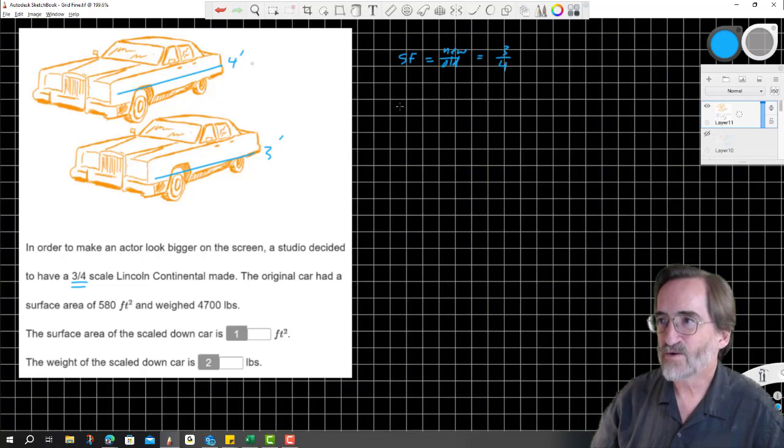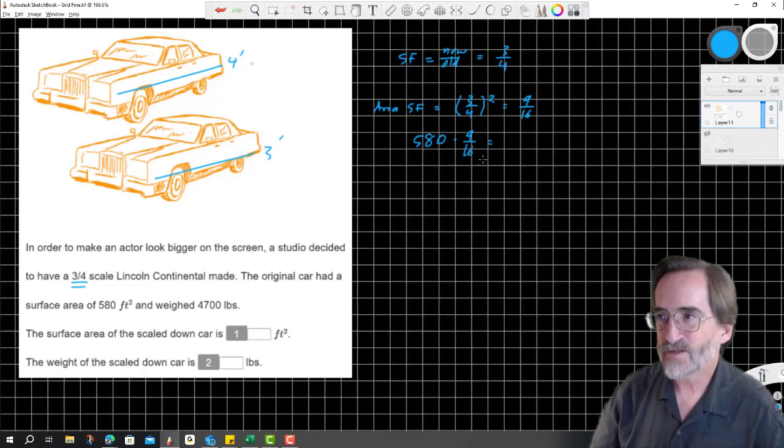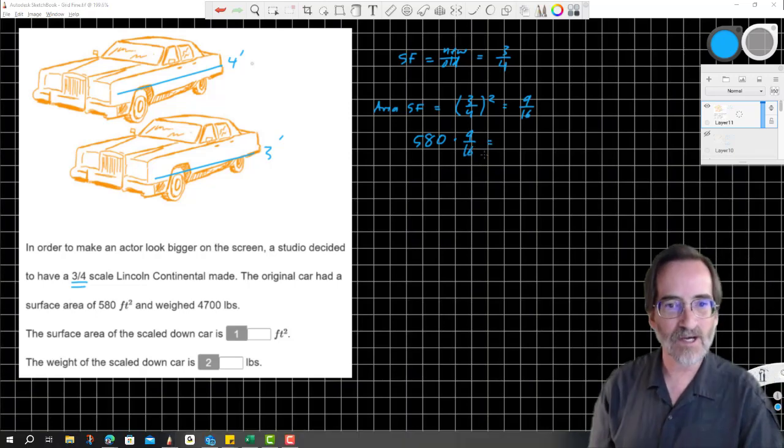So the scale factor for the area is that squared, 3/4 squared, which is 9/16. So to change the surface area, we do 580, the surface area of the original car, times 9/16.